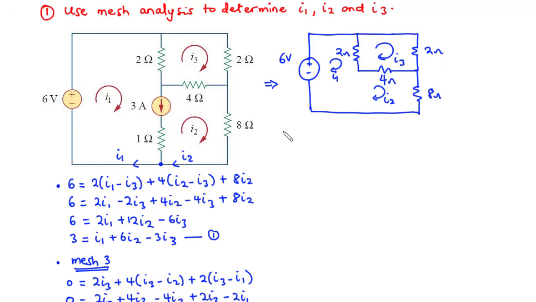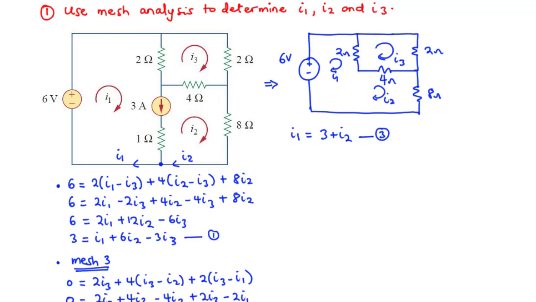So we can say that the sum of current entering is equal to the sum of current leaving. So leaving, we have I1 equals entering, we have 3 plus I2. So I1 equals 3 plus I2.